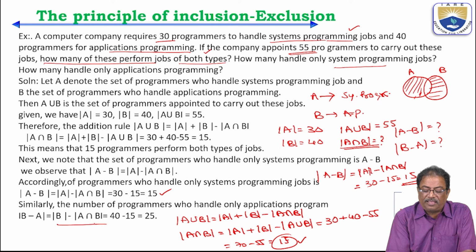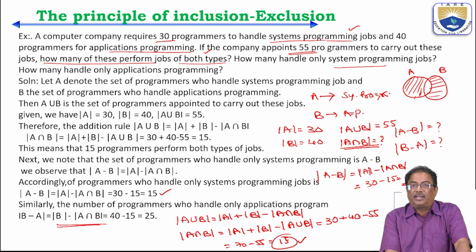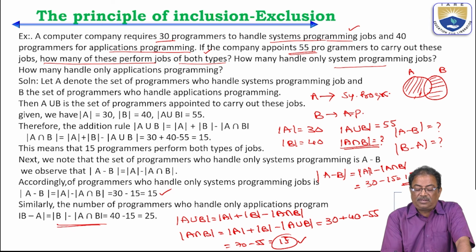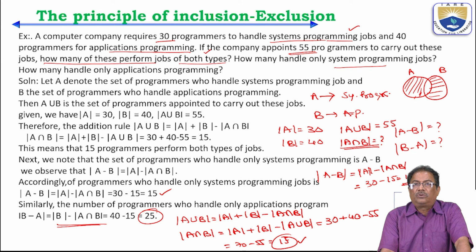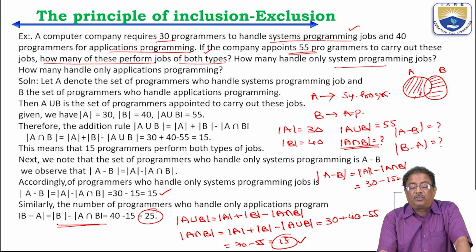B minus A is cardinality of B minus cardinality of A intersection B, that is 40 minus 15, so 25. So 25 programmers are meant to do only the application programming jobs. So these are the problems under the principle of inclusion and exclusion for two sets.